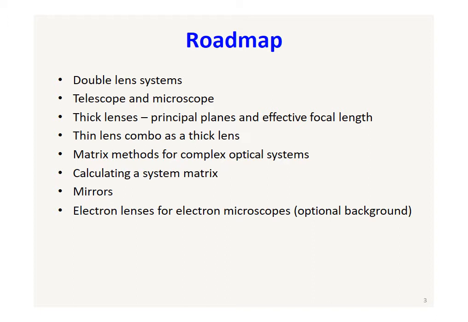As we start to look at an optical system with more detail, we'll find that although that's good enough for a first rough solution, we need to take it a little bit further. So we will be looking at the compound lens systems in different instruments such as telescopes and microscopes. We'll be looking at thick lenses and mirrors. Next week we'll be looking at aberrations.